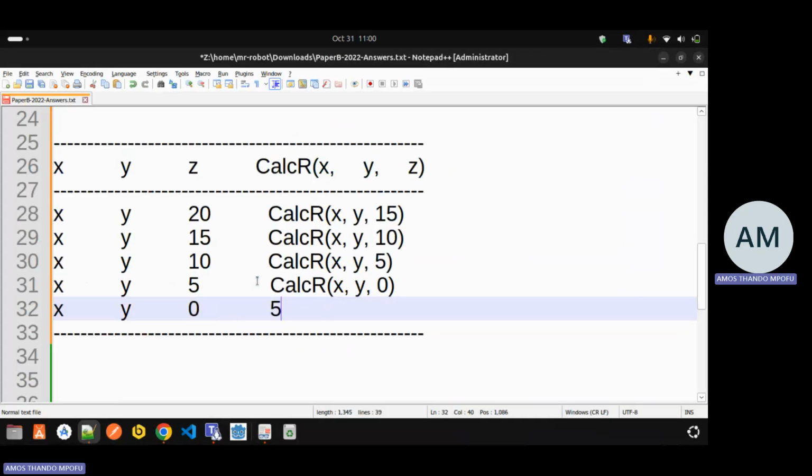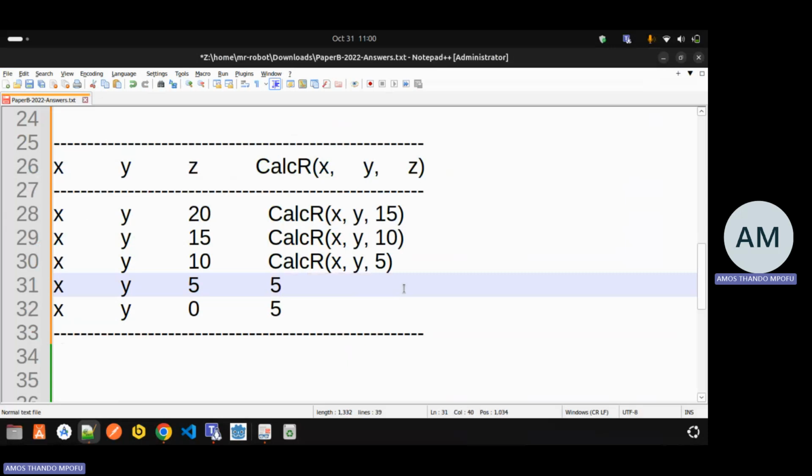And now, this part, we didn't know what the answer was, but you see there's the answer here. When we called this function calc R and the parameters were X as X, Y is Y, and Z is 0, the answer was what? 5. So here the answer should be 5 again, right?